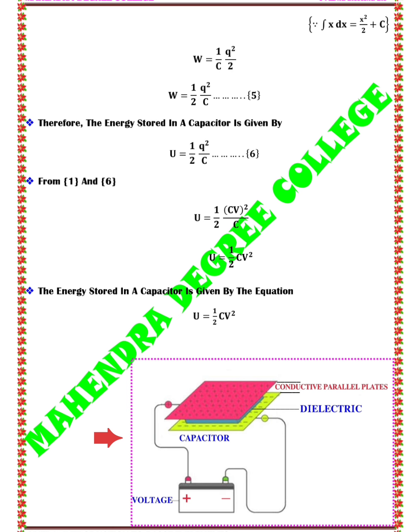This creates an electric field between the plates, storing energy. Capacitors can release this stored energy when needed, making them useful in various electronic circuits for filtering, smoothing, and timing purposes.